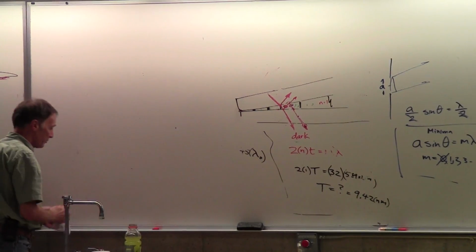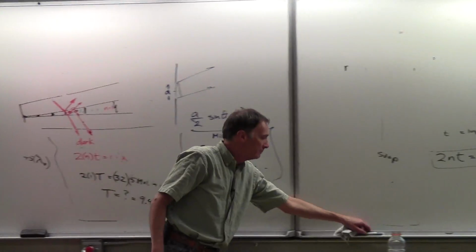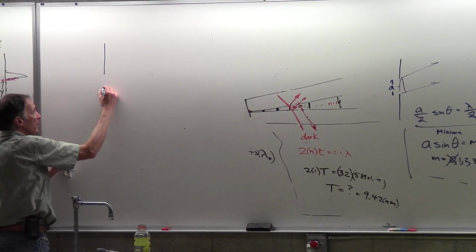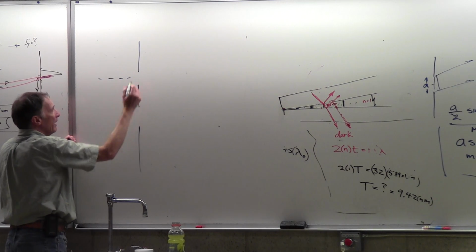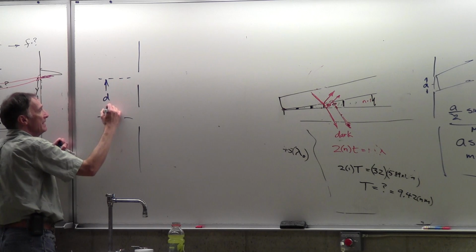So let me exaggerate these slits a bit. Got an opening. And so you want to think about the centers of these slits as being separated by some distance d.